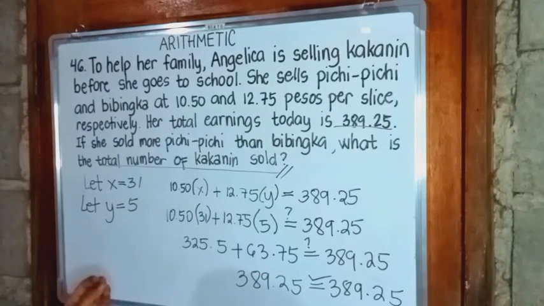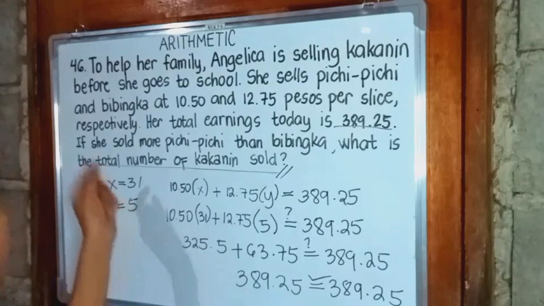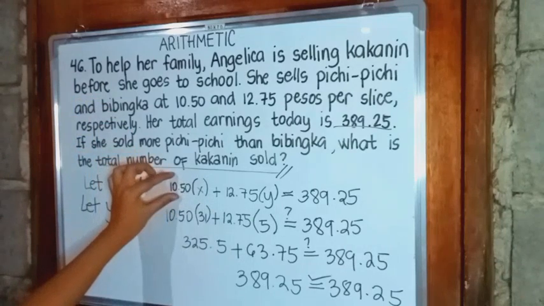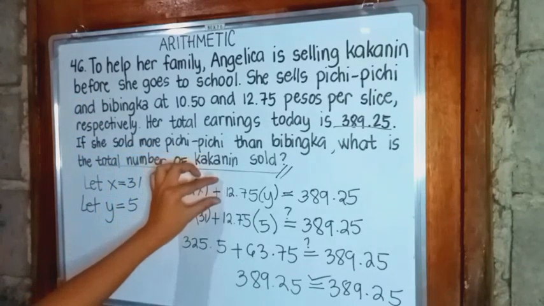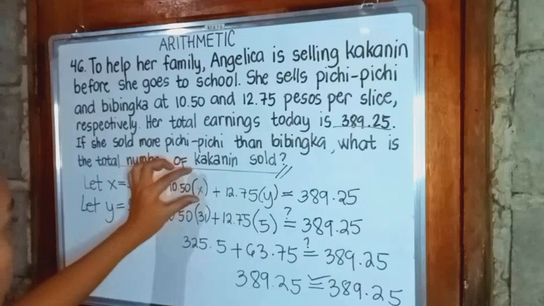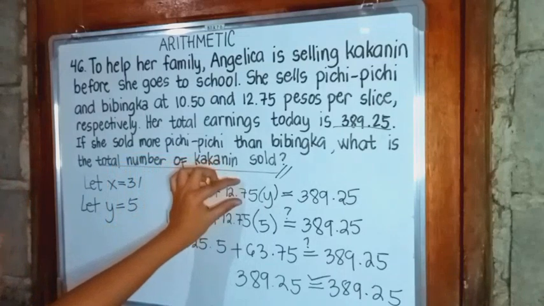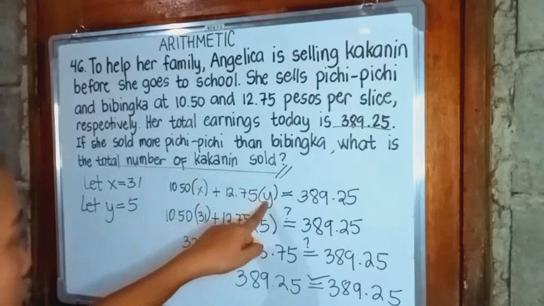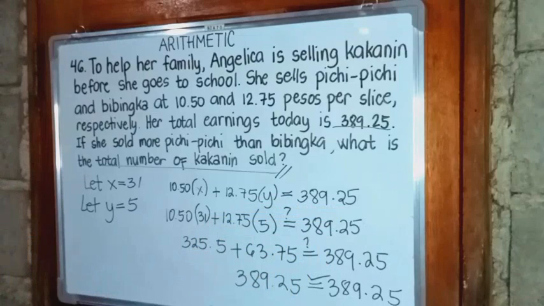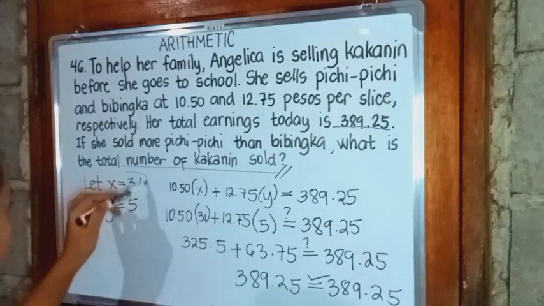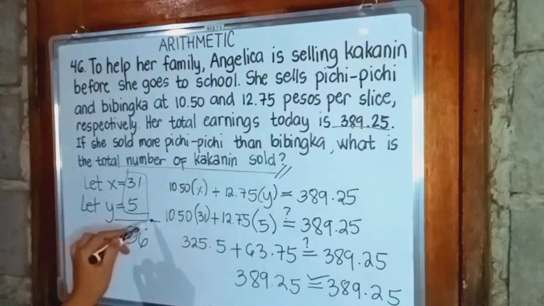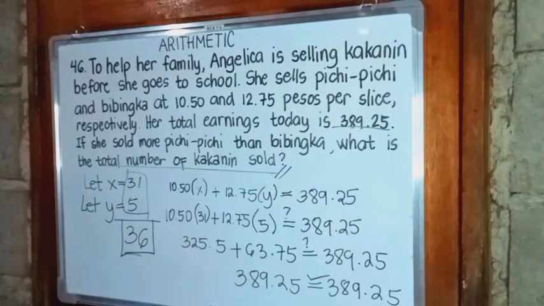When we multiply the price and the number of pichi-pichi plus the price and the number of bibingka sold, it is equal to 389.25. According to the choices, this is 36 when we add. Since we are looking for the total number of kakanin sold, that is 36. So that is letter C.